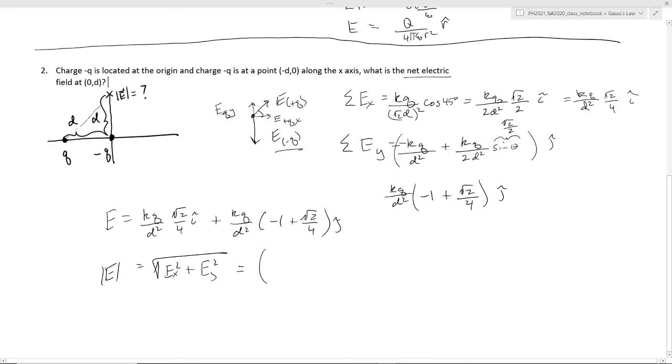We would have kq over d squared root 2 over 4, plus kq over d squared times this thing. Actually, let me just make this one term. So this would be negative 4 plus root 2 over 4.